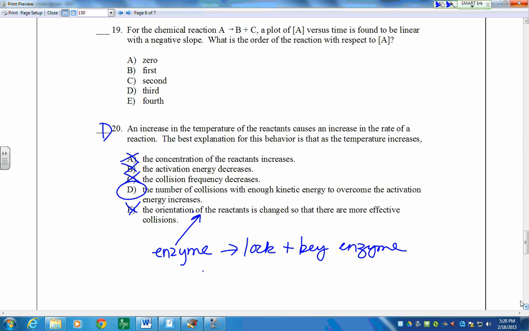What enzymes do is hold one of the molecules in the reaction in the exact proper orientation so that when the other molecule runs into it, the orientation is perfect. Enzymes are catalysts, and that doesn't have anything to do with temperature. Enzymes are what a biological catalyst is.